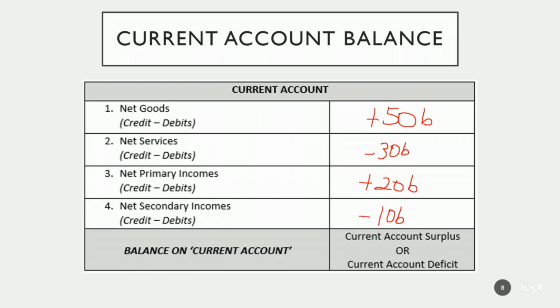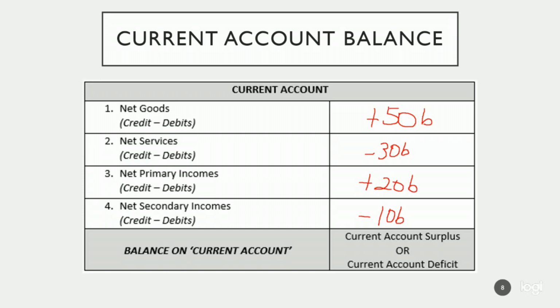So what these numbers are showing is that, for example, if we look at net goods and we're calculating the value and it's come out to a plus 50 billion figure, that means that for a particular year or whatever period we're looking at, we've sold an additional $50 billion worth of goods than we have spent on goods. For net services with a negative 30 billion, it means that we've spent an additional $30 billion than the amount of services that we've actually sold.